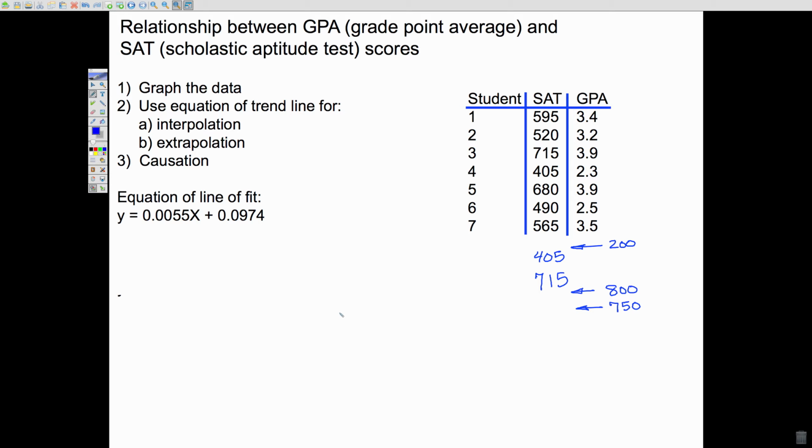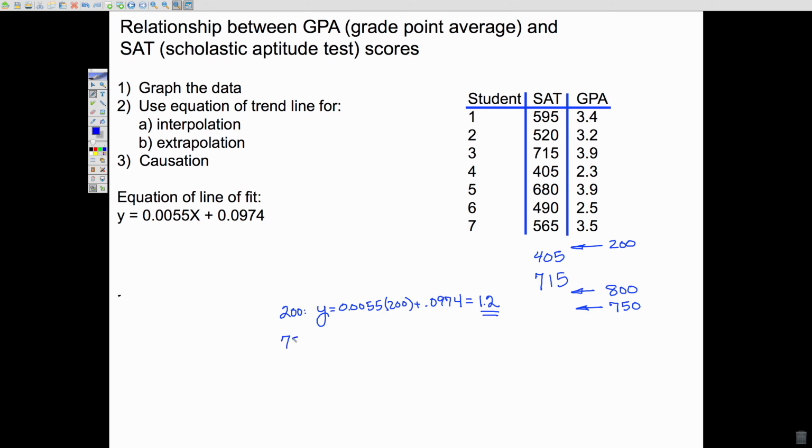For 200, we would compute y equals 0.0055 times 200 plus 0.0974, and we would find that that equals 1.2. So we would assume that if someone had an SAT score of 200, their GPA would likely be around 1.2.